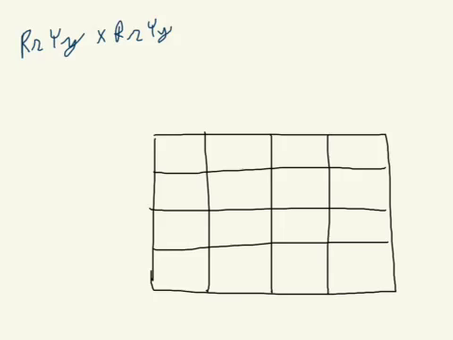So let's break this down, and I will make this a little bit bigger so it's easier to follow. Since they're both the same, the four possible gametes for each parent are going to be the same.